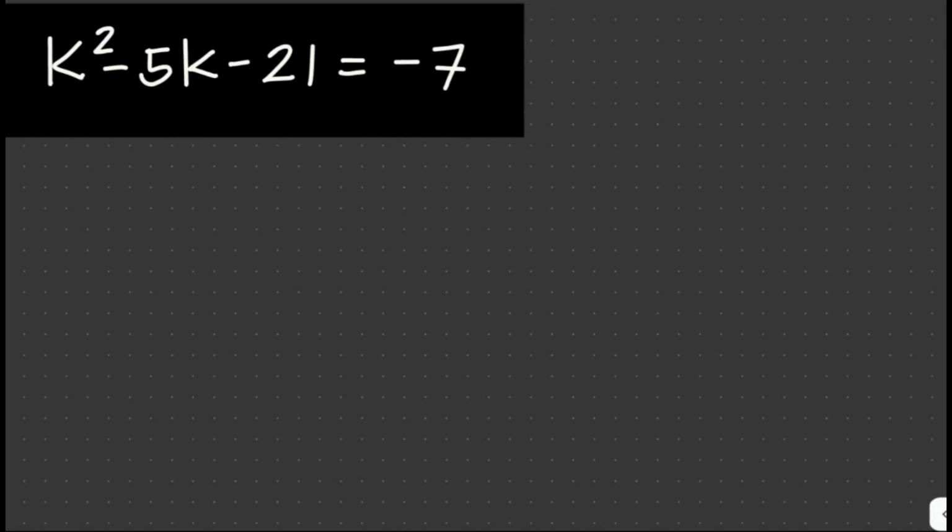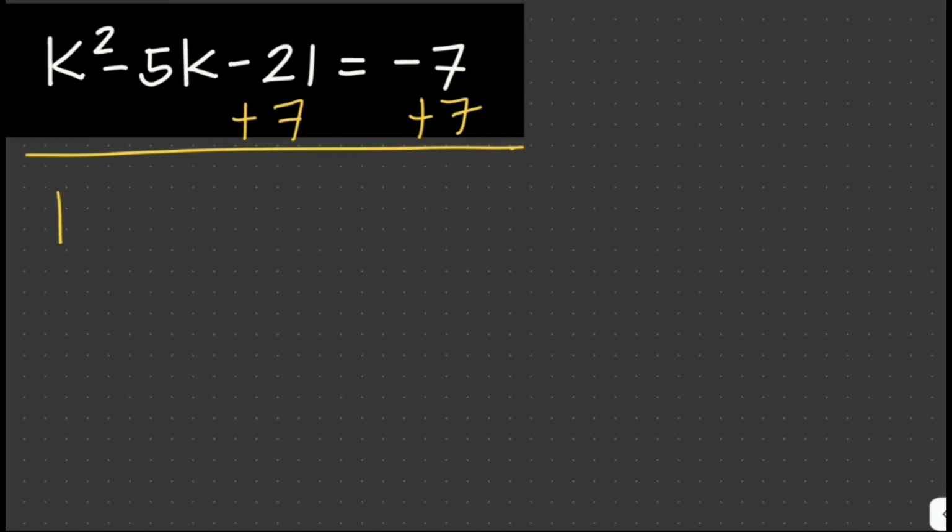Let's solve some more problems here. So we're given this quadratic equation k squared minus 5k minus 21 equals negative 7. Again, we can solve for k here by putting all the terms to one side. In this case, we can put all the terms on the left, so we just have to add 7 to both sides.